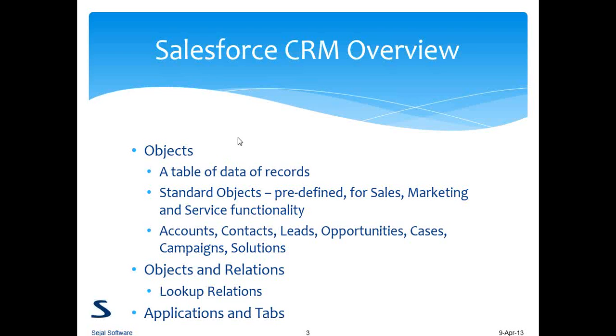Okay. So here I will bring up the system and also explain, but this is what I'm just going to cover when I show the system also. Here there are something called objects, which are nothing but a table of data with records, and Salesforce comes with predefined objects which they call standard objects.